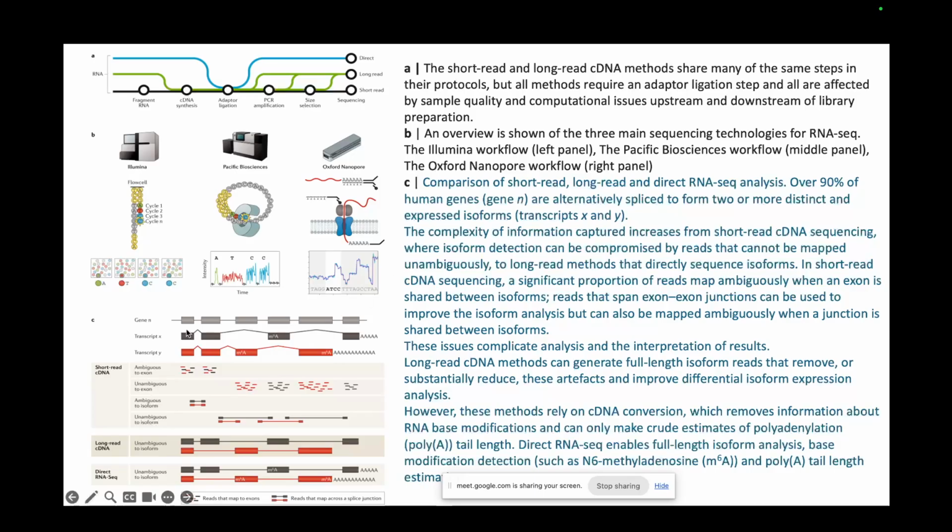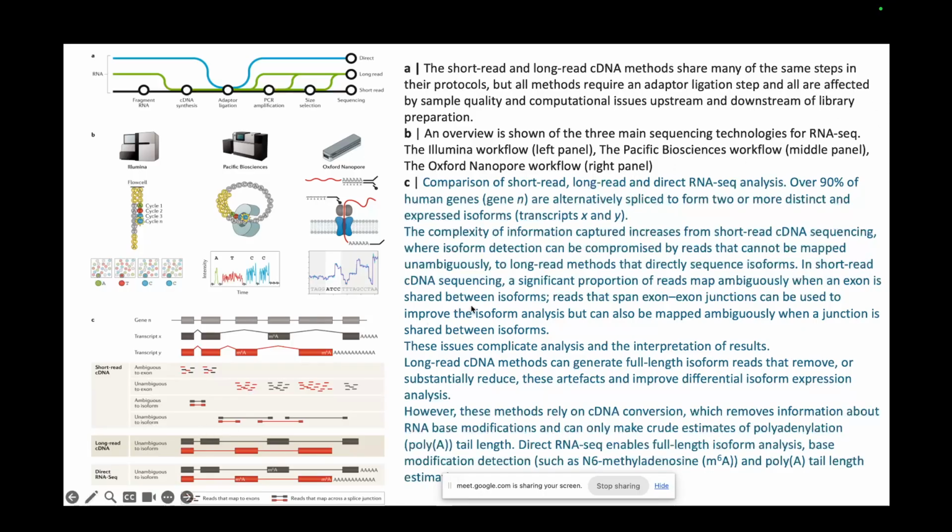If you do a comparison of short, long read, and direct RNA sequencing analysis, direct RNA sequencing is not converting it into complementary DNA and is sequencing the RNA itself. That is still possible, but more widely used is complementary DNA sequencing.